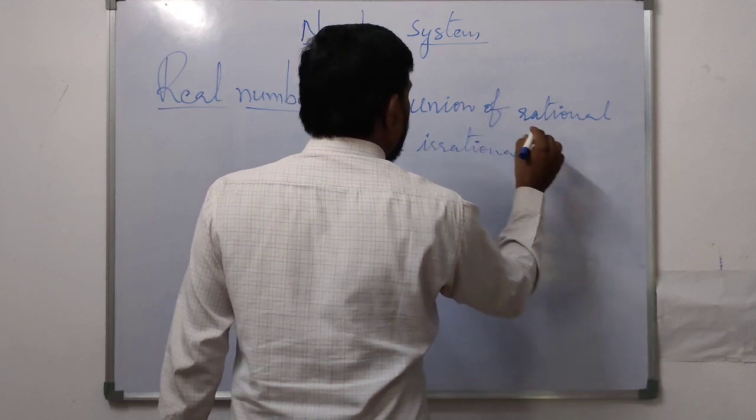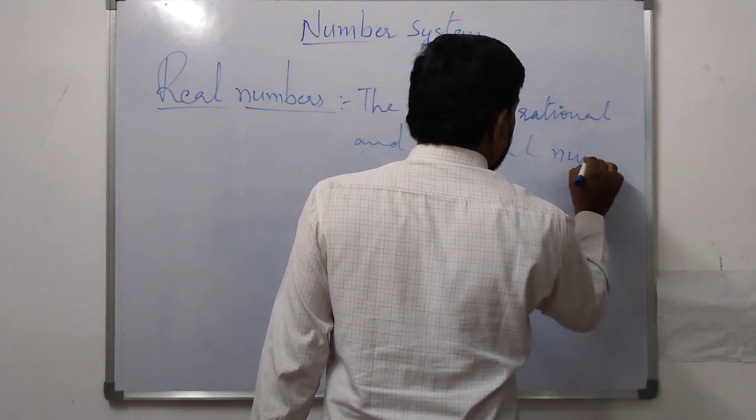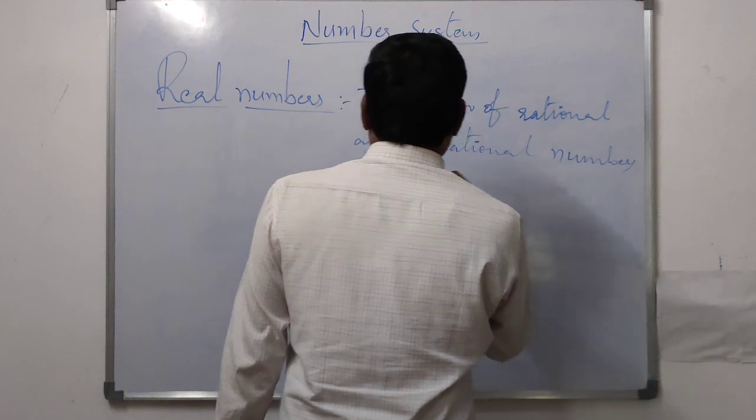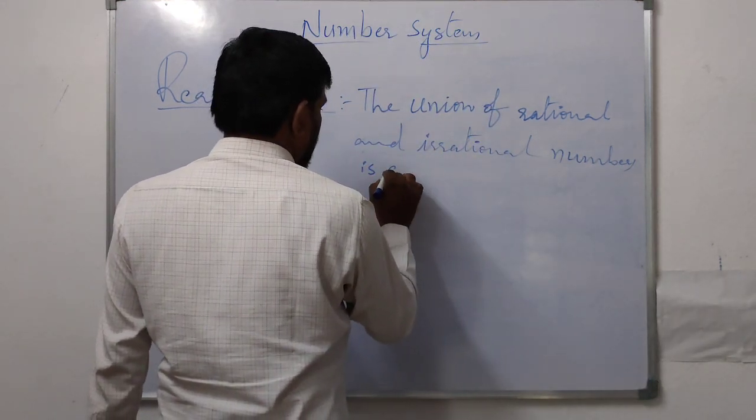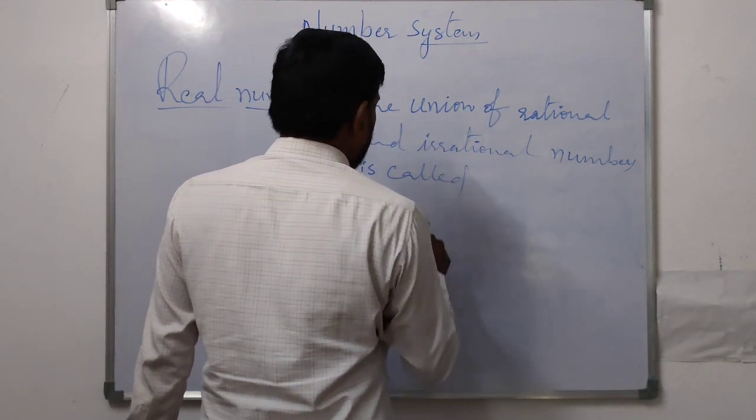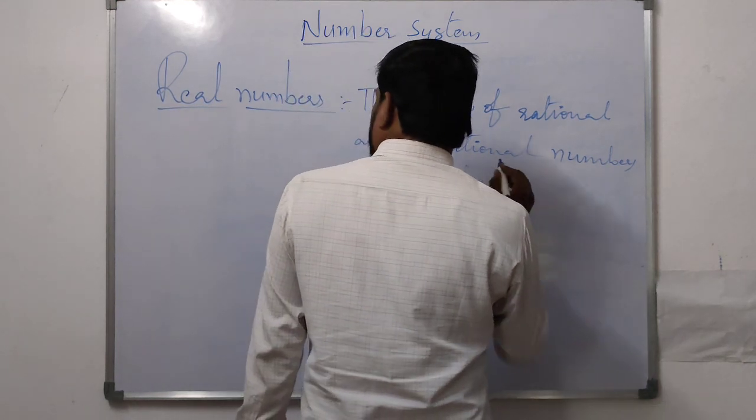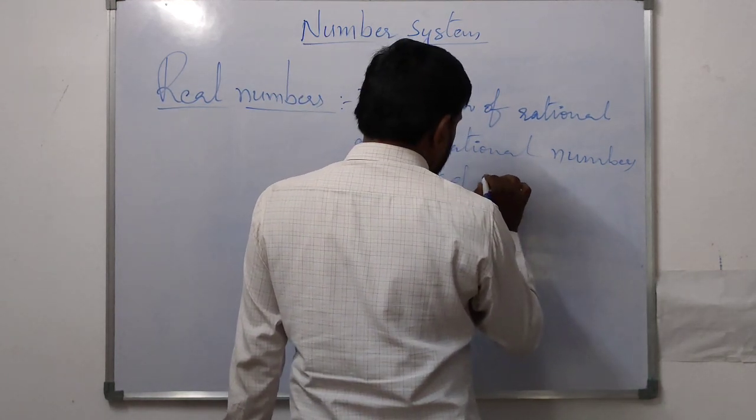The union of rational and irrational numbers is called real numbers.